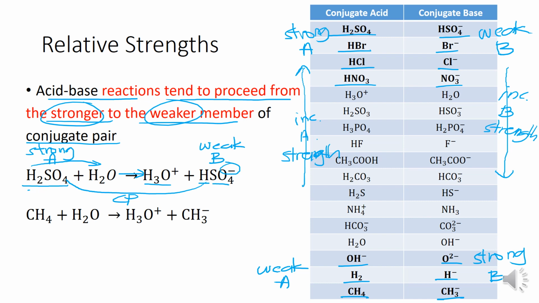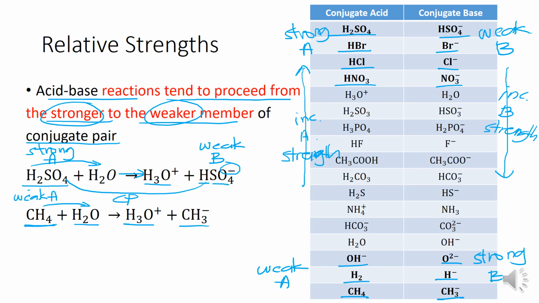Next we have methane. That is a weak acid. If we add that to water, one of the hydrogen atoms will be given away to water to produce a hydronium ion. Now the remainder of methane is CH3.